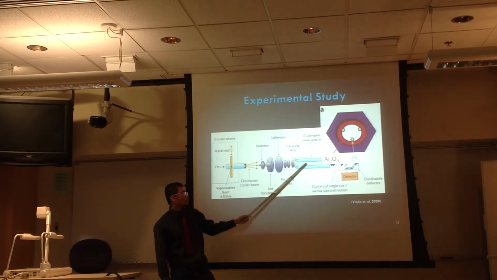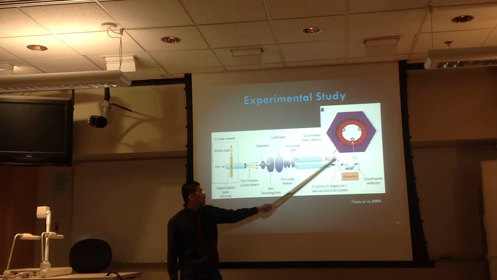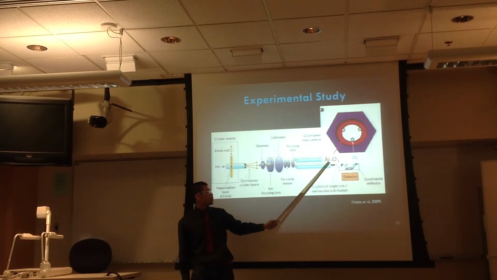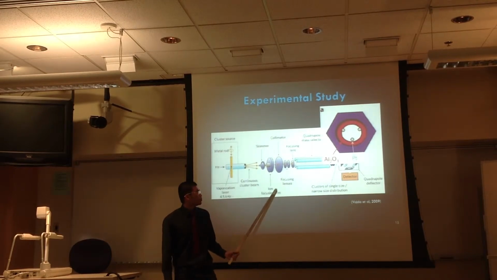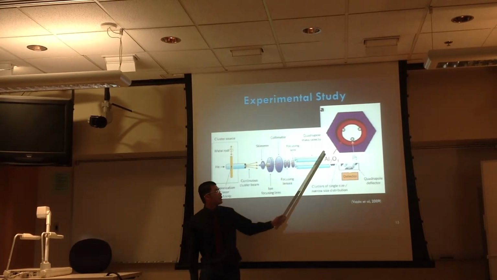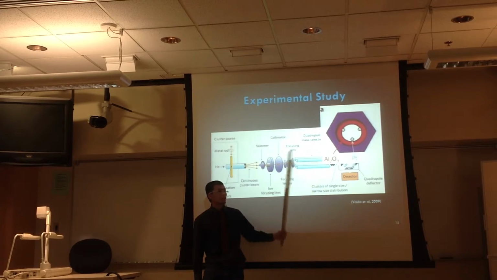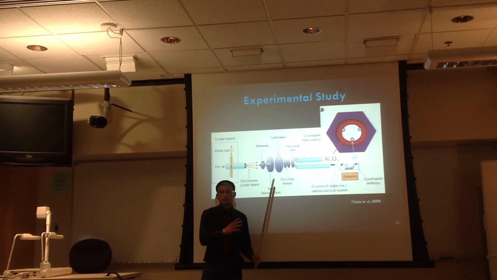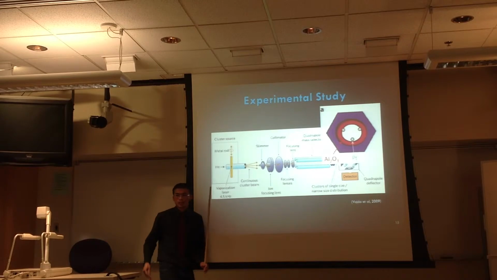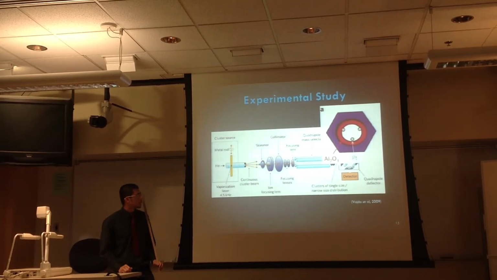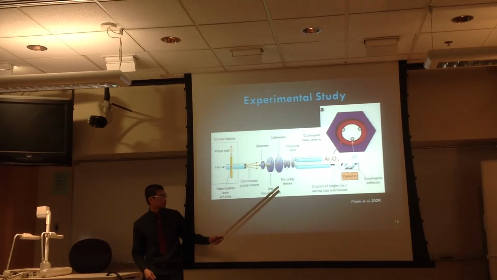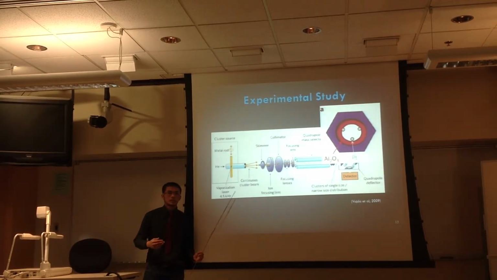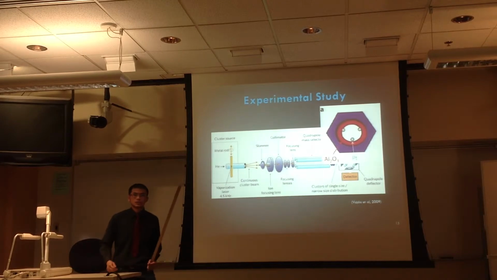So here's one example of the support membrane. This one is the aluminum oxide membrane, and they find that the Pt cluster is very stable when you deposit it on the membrane. And then they do the experiment to investigate which size of the Pt cluster is the best.